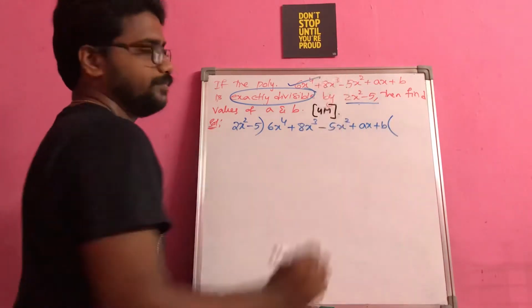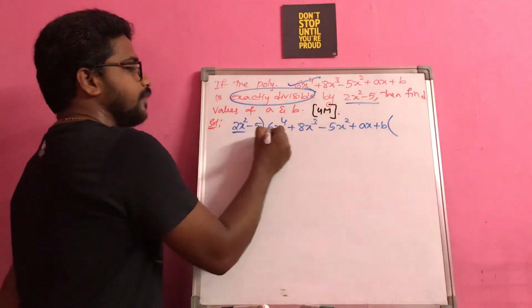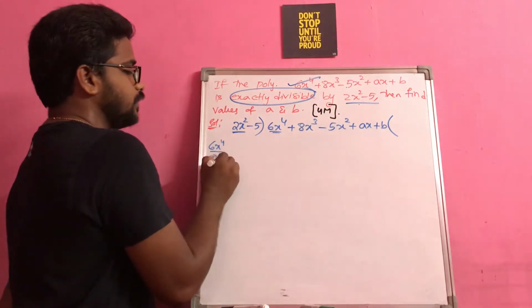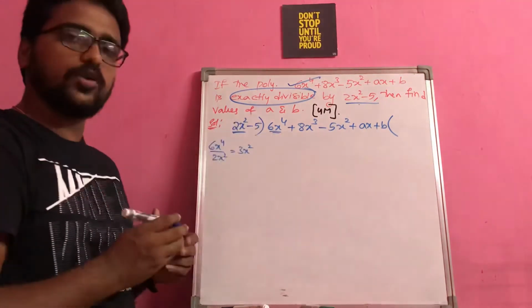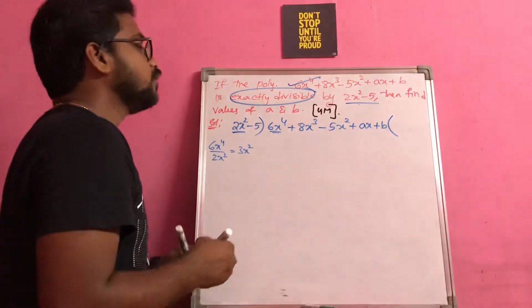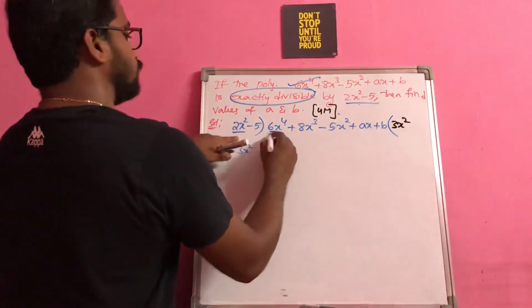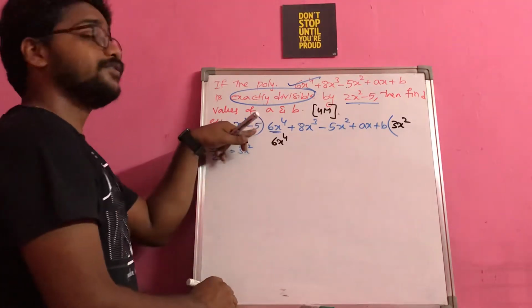Now let us see: 2x square minus 5, into 6x power 4, 8x cube minus 5x square, ax plus b. In the last class itself we discussed that at every level the first term is important. If you divide the first terms, that will give you information about the terms in the quotient. So the first term will be 3x square. Multiply 3x square with this and you get 6x power 4 minus 15x square.